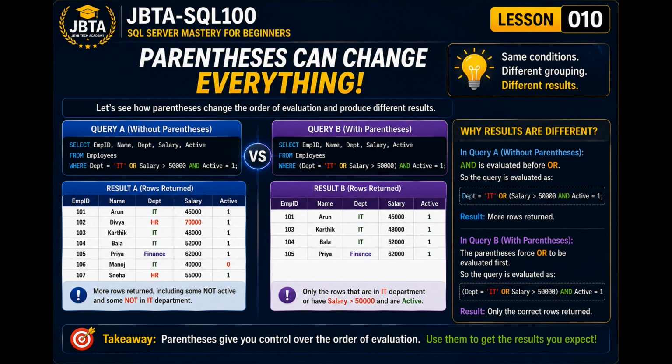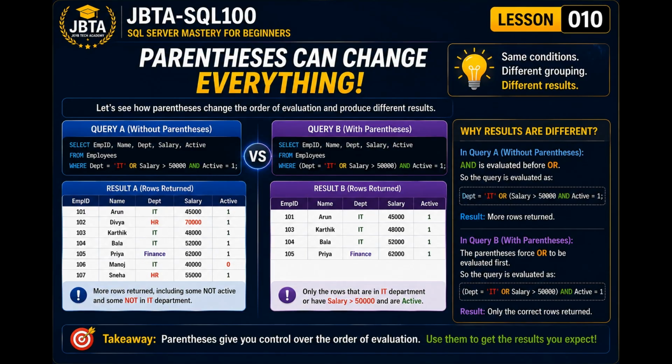Whenever you write complex where conditions, don't assume SQL Server understands your intention. Be explicit. If you want certain conditions to be evaluated together, use parentheses. They make your queries easier to read. They make your logic easier to understand. And most importantly, they help SQL Server return the exact data you expect.